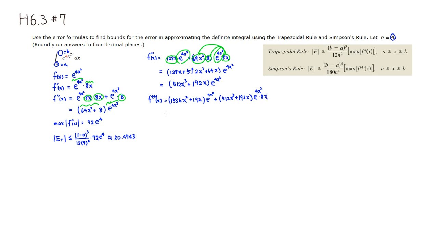Right, so this is going to be equal to 1536x squared plus 192. Right, so I'm going to go ahead and pull out the e to the 4x squared. So that takes care of this guy, and that takes care of that guy.